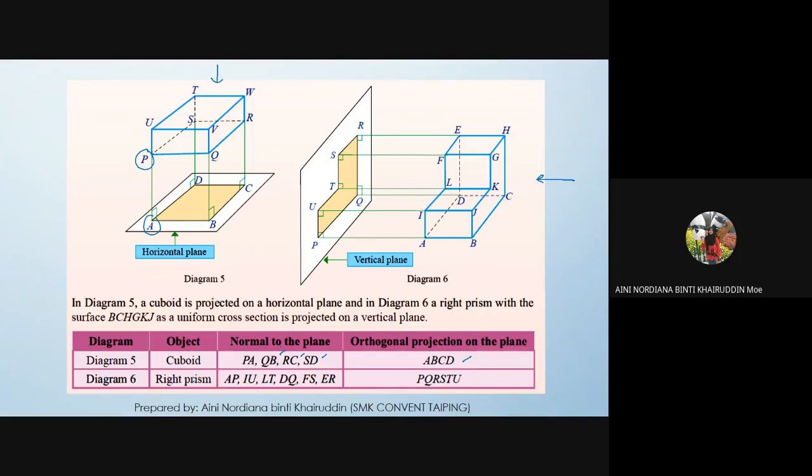For right prism, diagram 6, the normal to the plane yang green color, which is AP, IU, LT, DQ, FS, and ER. Orthogonal projection, yang ni lah. PQ, RS, TU.